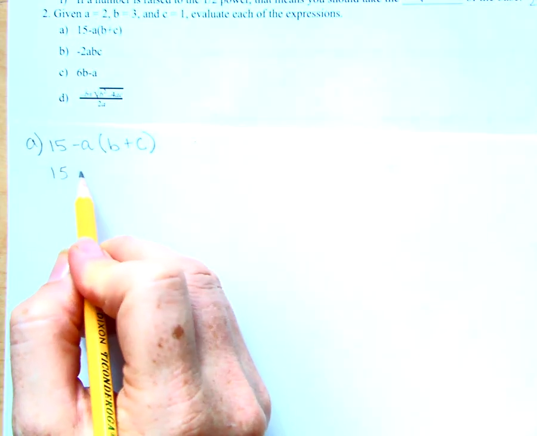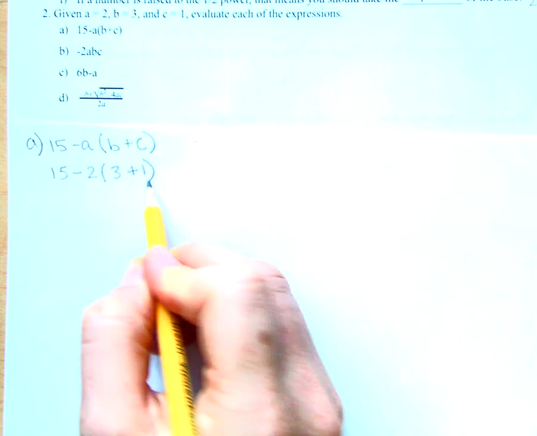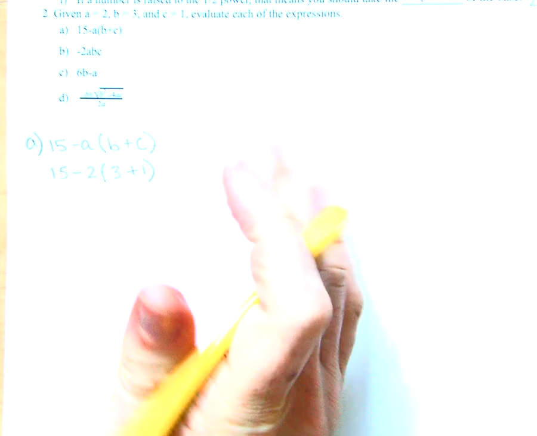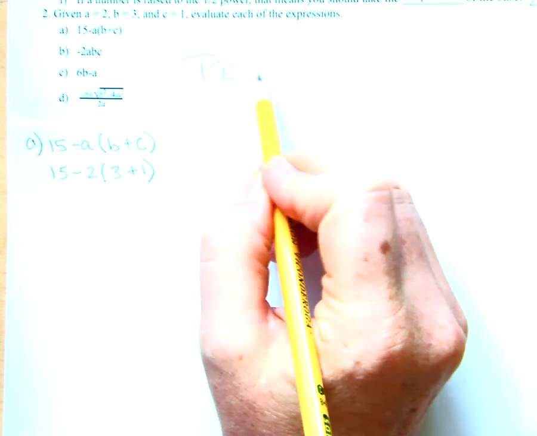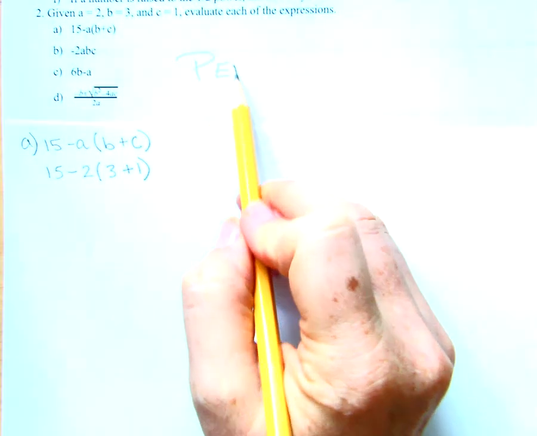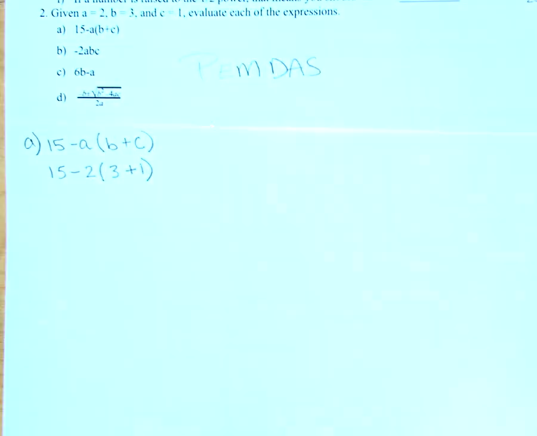A is 2, B is 3, C is 1. And I'm going in order of operations here, so I want to make sure that I'm doing anything in the parentheses first.